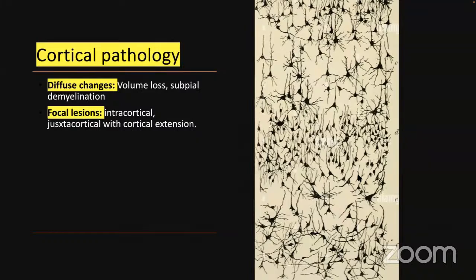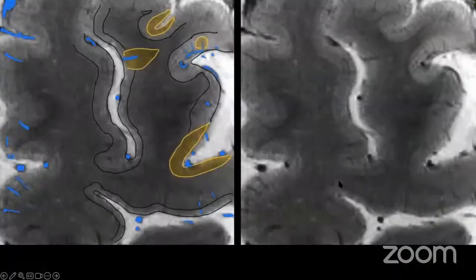There are 4 different types of cortical lesions, or cortical pathologies that can affect the cortex. I think the numbers are confusing, so I will ignore these numbers, and we will just go through what can happen in different lesions in the cortex of the brain.